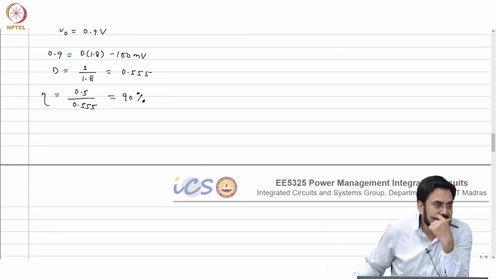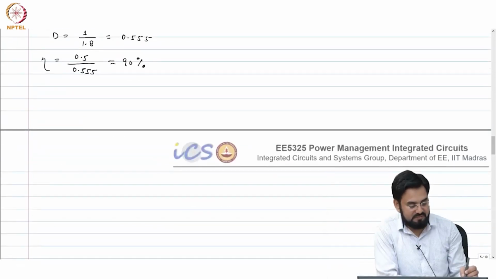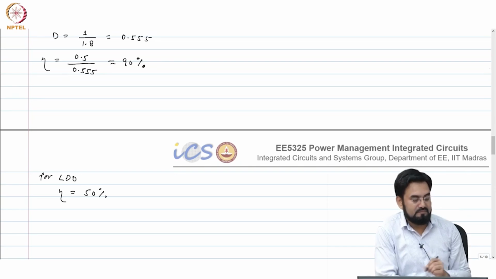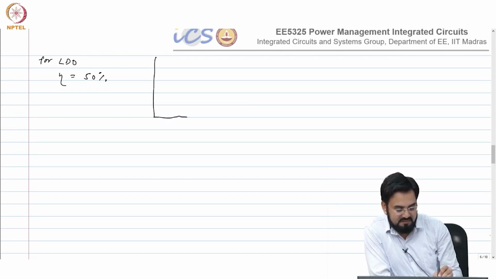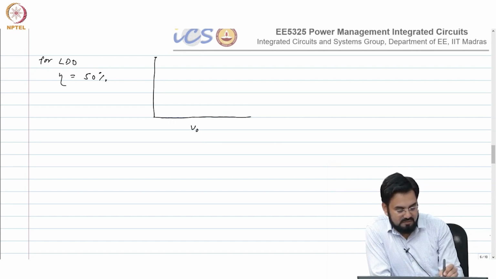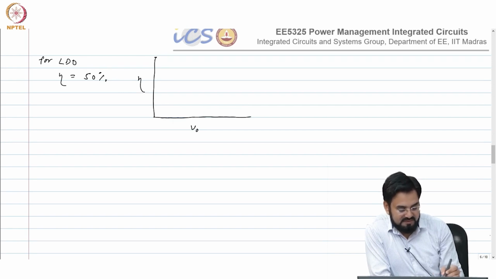What will happen in case of LDO? So, now if you remember the efficiency curve, this is your V out, and this is your efficiency.